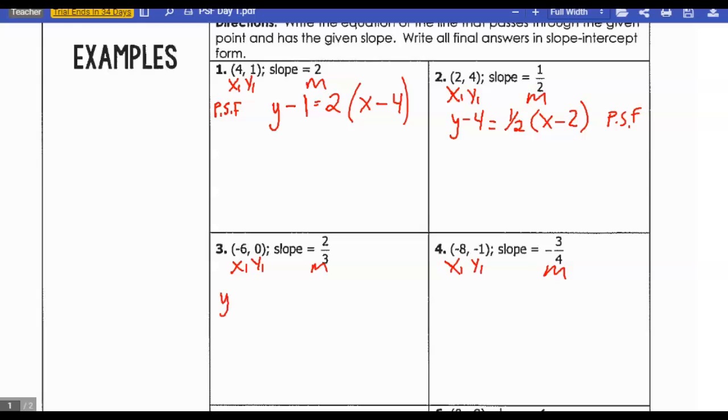So y minus y1, 0, equals my slope, 2/3, x minus, and the first time I'll do it like this, minus a negative 6.